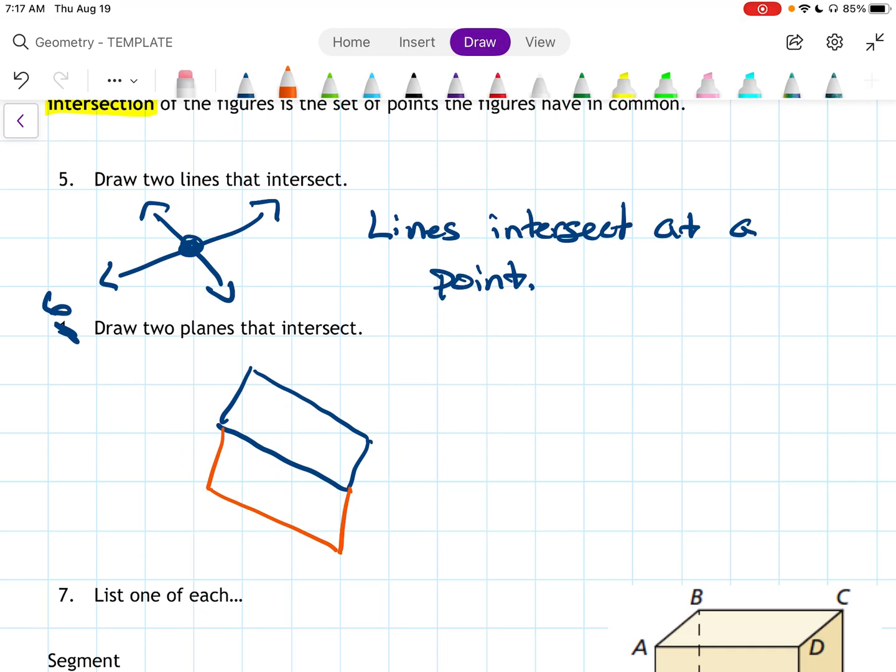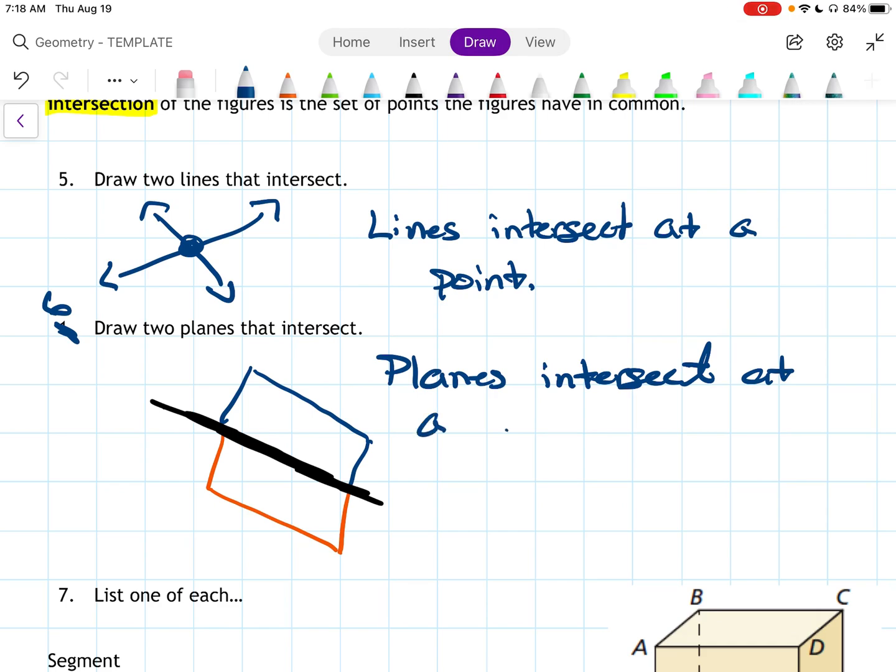And they intersect at that line that's really hard to paint whenever you're painting a room. So this right here would be the intersection. Okay, and it is a line. So we're going to say planes intersect at a line. Okay, that's the big deal there.